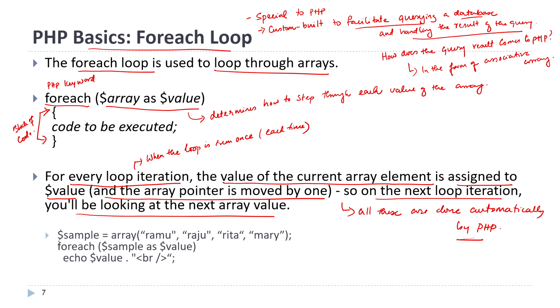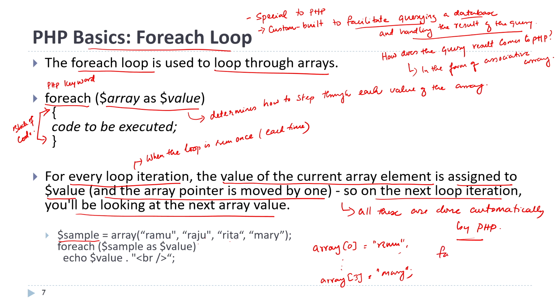So, let us for example take a $sample, which is an array of Ramu, Raju, Rita and Mary. You can think about it as array 0 is Ramu, array 1 is Raju, 2 is Rita, array 3 is Mary. That is what happens. Now, you can write a loop.